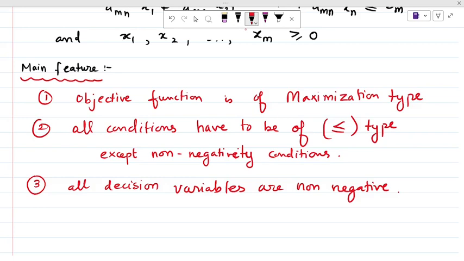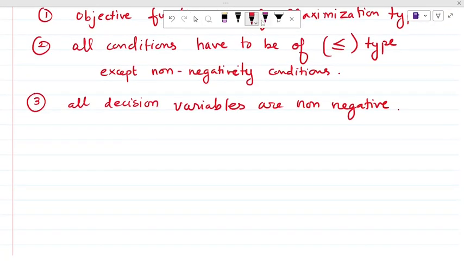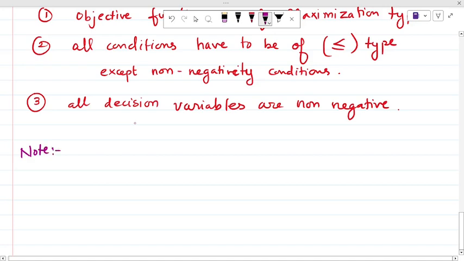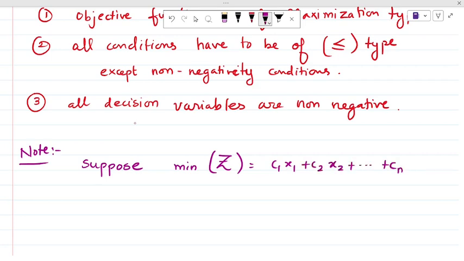I'll not deal with it right now, but I'll give you a note here. Let's suppose minimization of z is given to you: z equals c1 x1 plus c2 x2 up to cn xn.